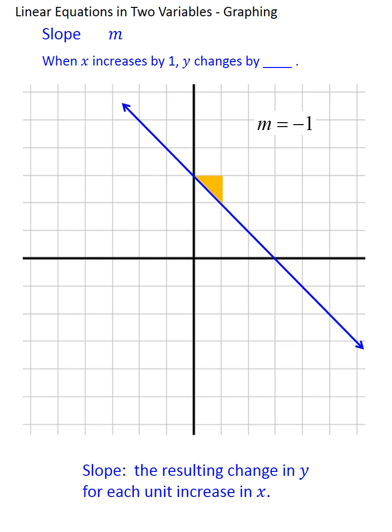Because as we can see by the orange triangle, when x increases by 1, y drops by 1 to bring us back to that line. In other words, it's true between any 2 points on this line, if x increases by 1, y is going to decrease by 1. And that's what we mean when we say a line has a slope of -1.